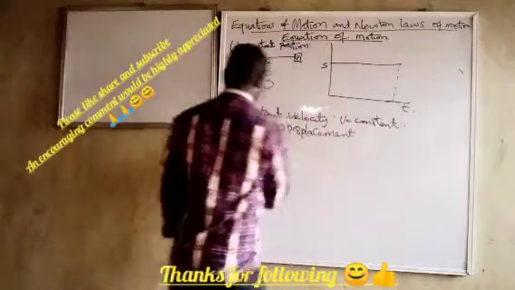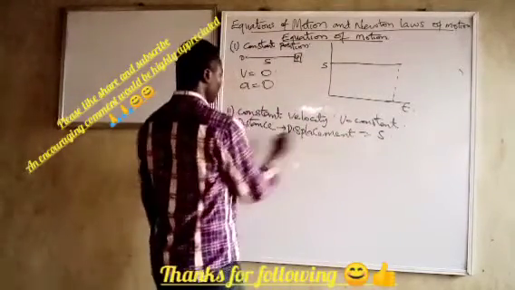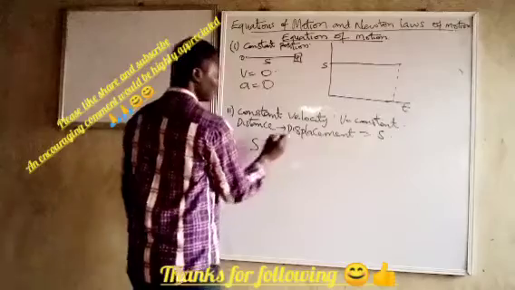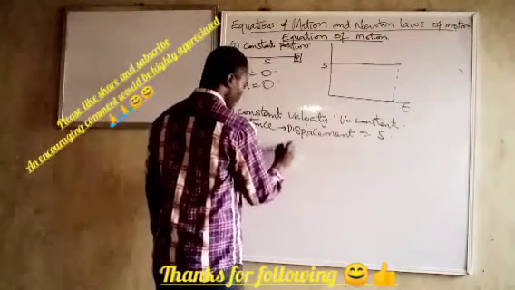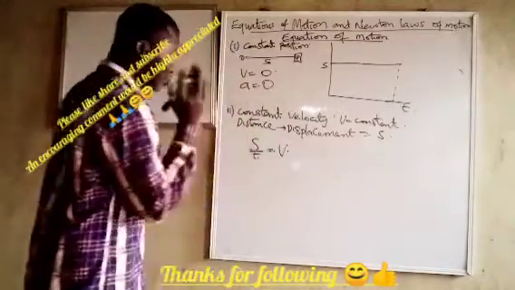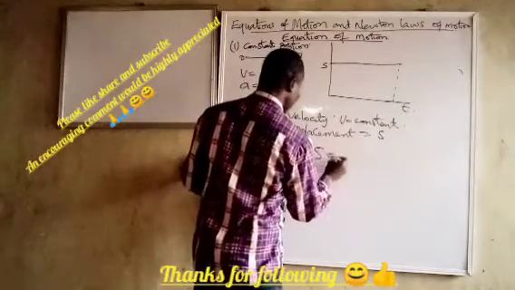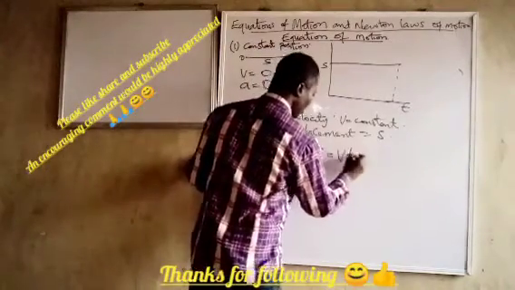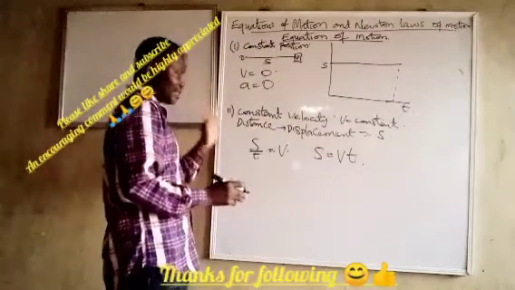So, let's call this one S. So, S over T is equal to V. Straightforward. So, you can say S is equal to Vt in this instance.